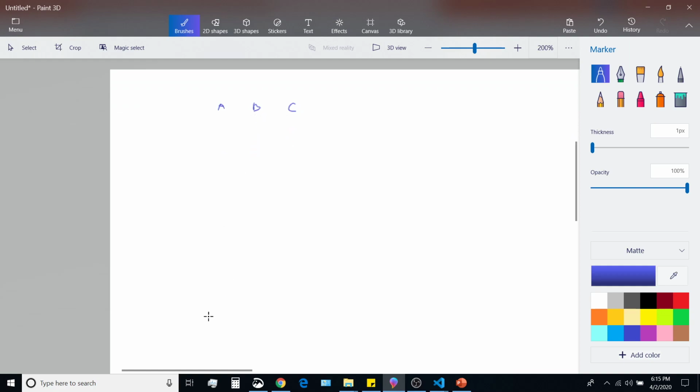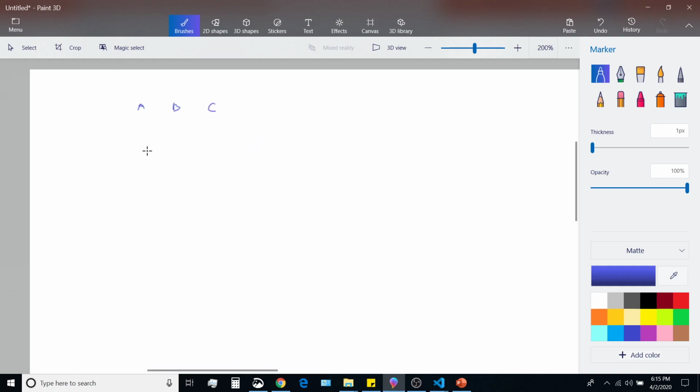It's going to be A, B, and C. And the first thing you should be doing is writing down the whole truth table. Okay, so I actually wrote down the whole combination of zeros and ones in case of 3 of them.